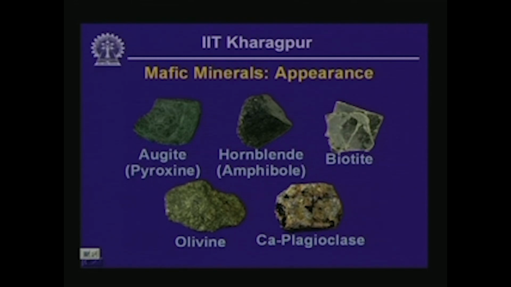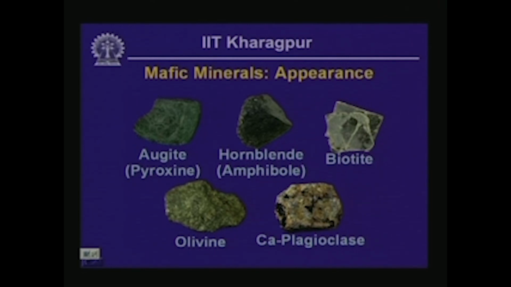And you can easily see, if you compare these with the picture that I have shown earlier, that in general the appearance of these minerals is darker in comparison with the major felsic minerals that form most of the silicate rocks.